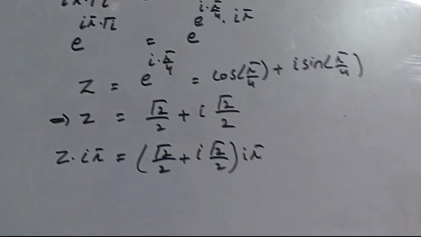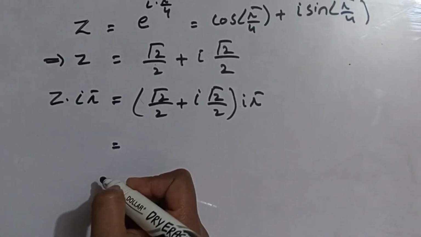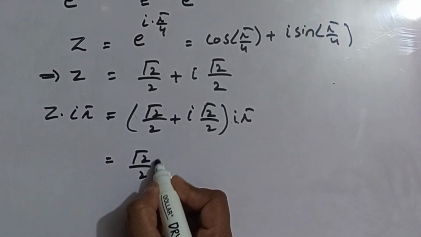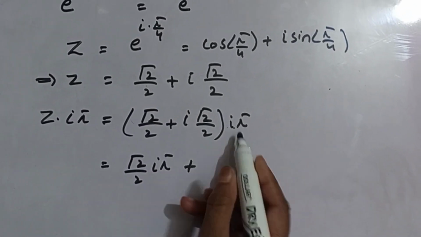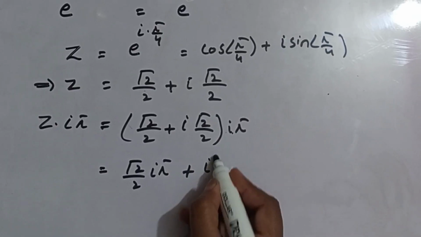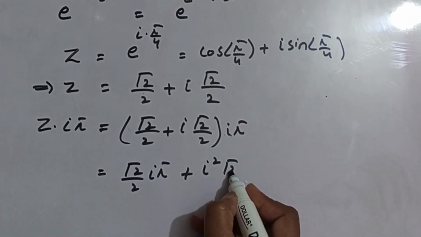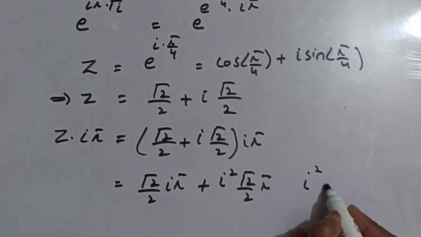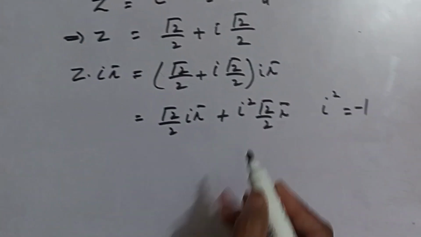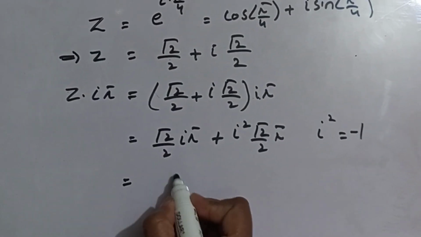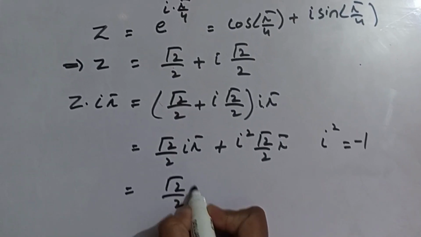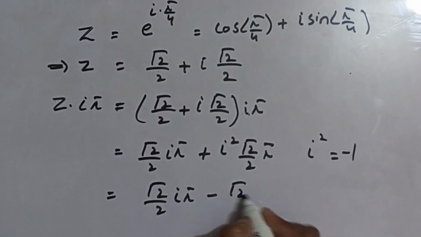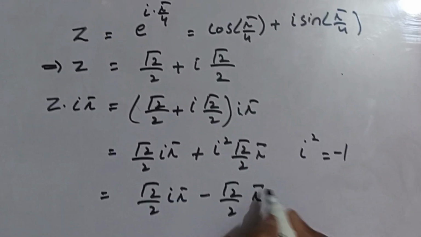We simplify this: multiplying by square root 2 over 2, we get this one plus iota, and iota becomes iota square, with square root 2 over 2 pi. We know that iota square is equal to minus 1. So this is square root 2 over 2 iota times pi minus square root 2 over 2 pi.